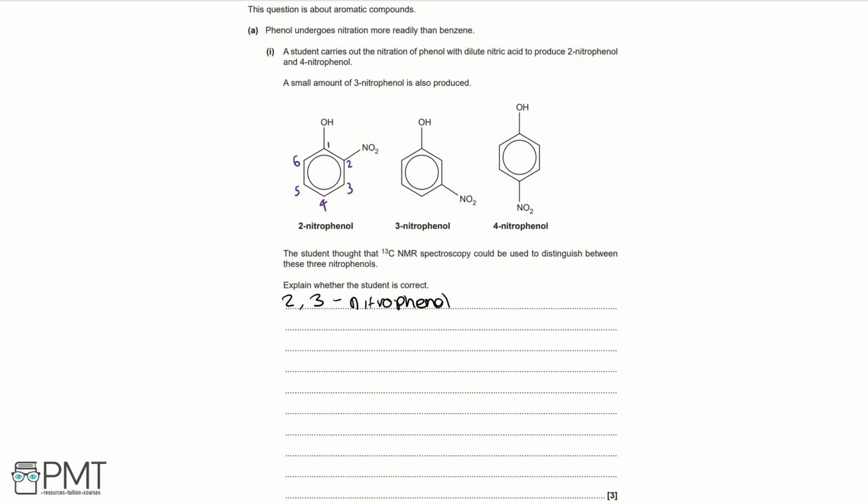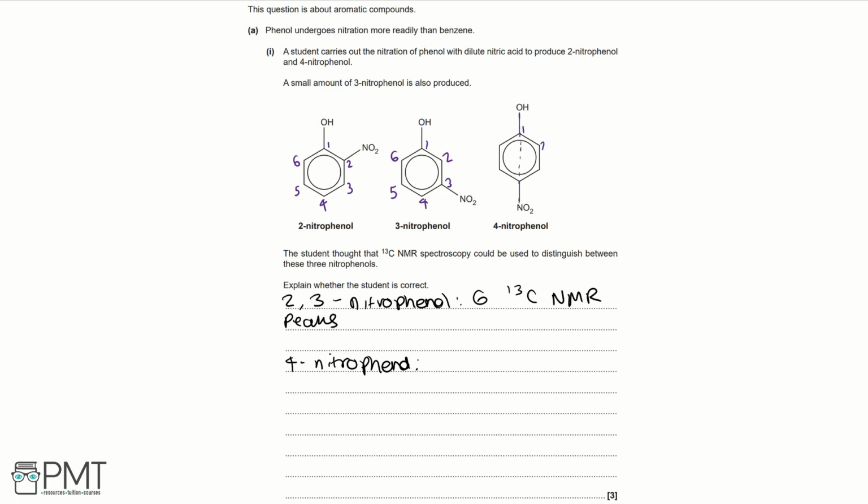And then looking at 3-nitrophenol, it's also unsymmetrical, so we've got 1, 2, 3, 4, 5, 6 peaks. So it's got 6 carbon-13 NMR peaks. Then we can look at 4-nitrophenol, and this is a symmetrical compound, so we will have fewer peaks because we can draw a line of symmetry down the middle.